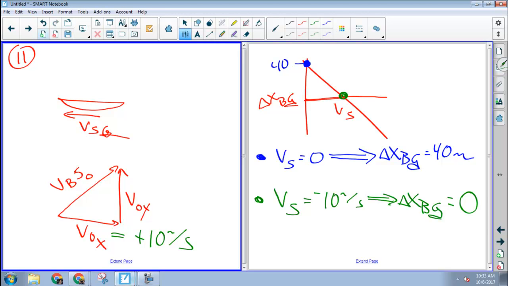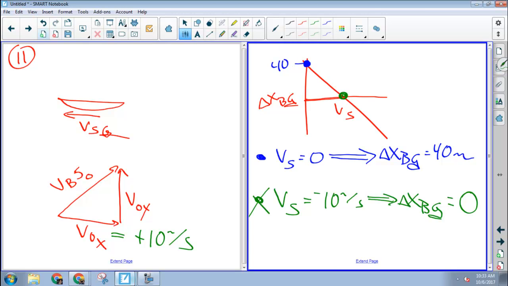Okay. But does this process make sense? All right, great. So I just used this green point and found out a whole bunch of valuable information. Now let's use the blue point. What the blue point is telling me is if the sled is not moving and I launch the projectile, it'll go 40 meters while it's in the air.